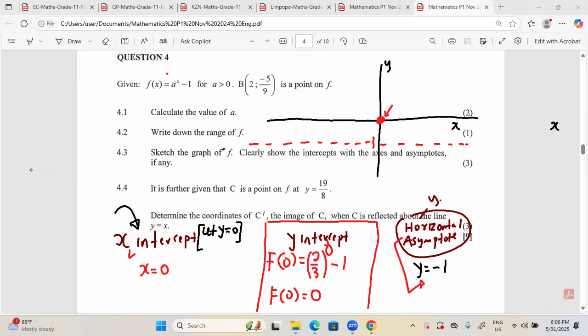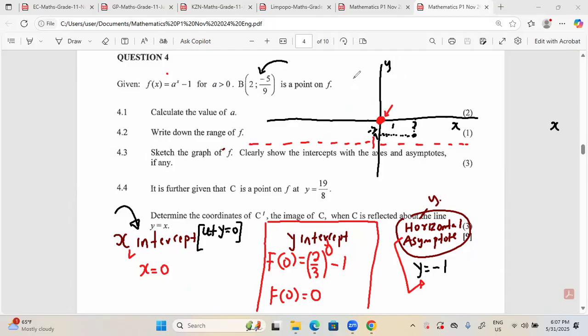So you can also try to show this point because it's a point on f. When x is 2, y is -5/9. -5/9 is -0 comma something. So I will just say 2 and -0 comma something. This is where -5/9 is. So I'm mapping -5/9 with 2. This is a point on the graph.